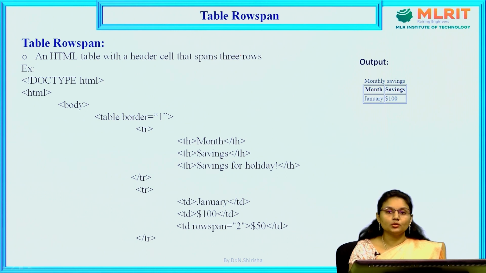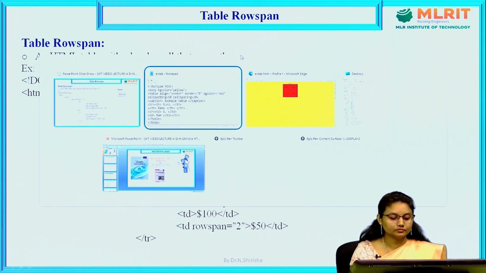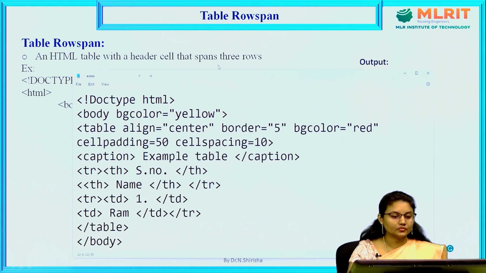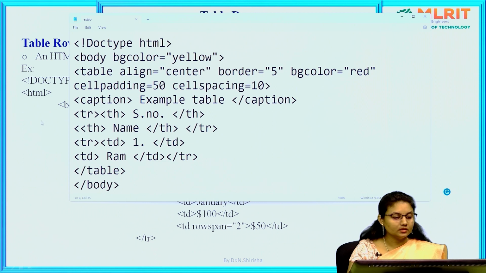Then we have rowspan. Rowspan, whenever you wanted to merge two rows. Okay, so how you can merge two rows, that we can see. Clear? Now if you see here, there is some data there. I'll take one more here. So I'll take first name.